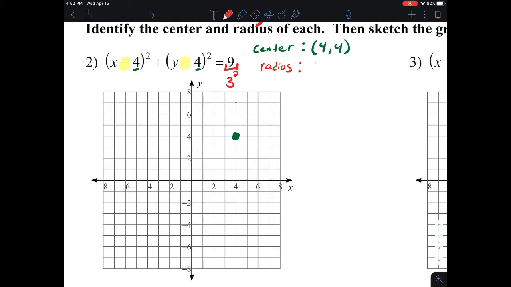The circle is the set of all points that would be 3 units away from the center. So I can go 3 units to the right, put a dot, 3 units up, put a dot, to the left, and down. I'm trying to make a circle that passes through all these points.